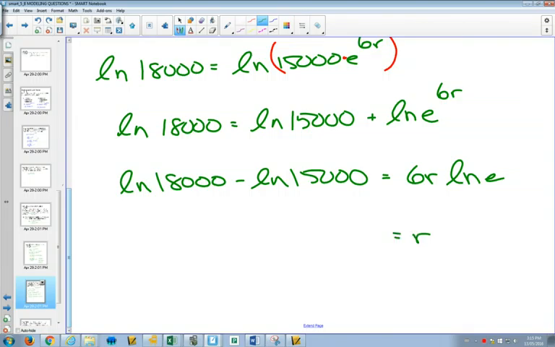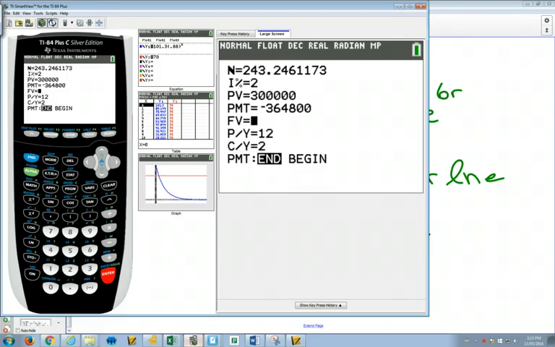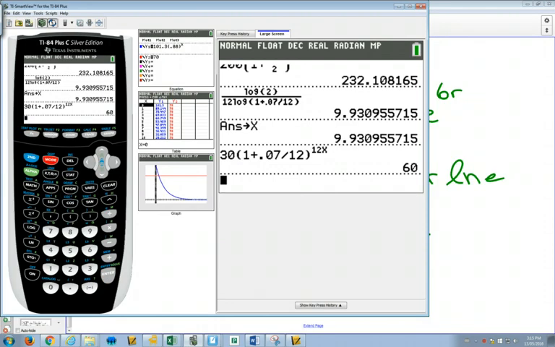Now if I want to find out what r is, I just have to divide by 6. And we get r. Now, we're going to need this r because we had to solve for r first. We're going to need this r later on. So I'm going to type this in.